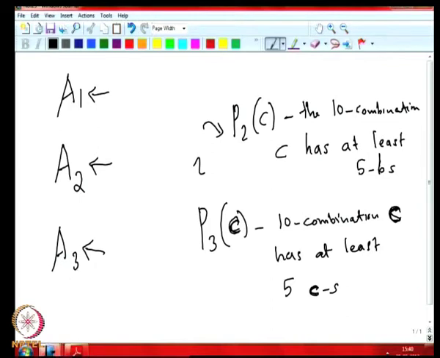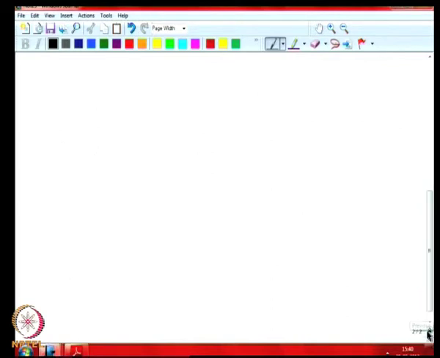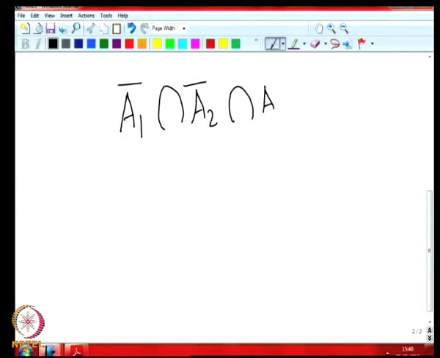So, now it is very clear that what we are looking for is A1 complement intersection A2 complement intersection A3 complement. Since A1 means those 10 combinations from the universe which has at least 4 A's, A1 complement means those which has at most 3 A's.